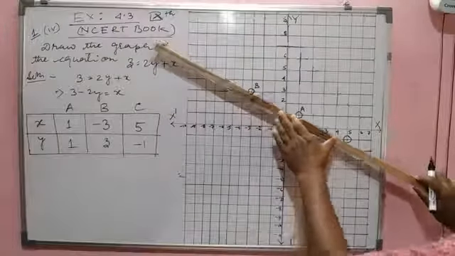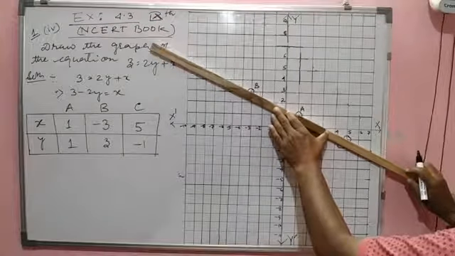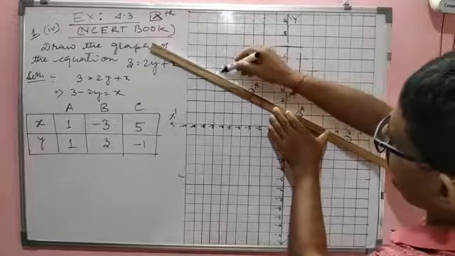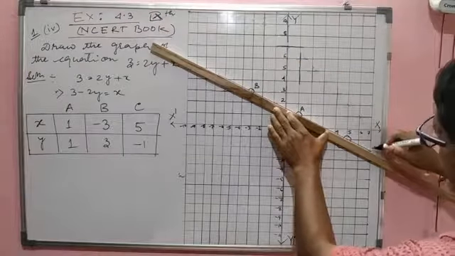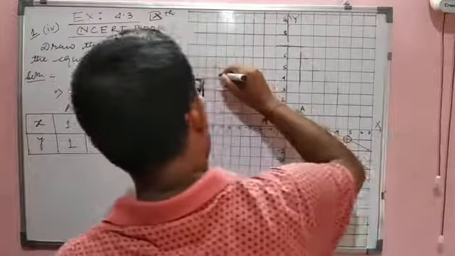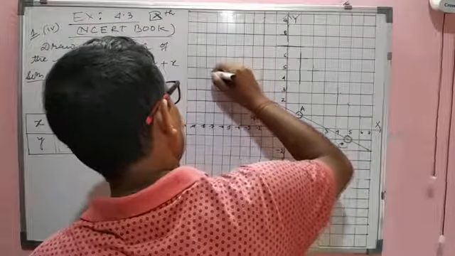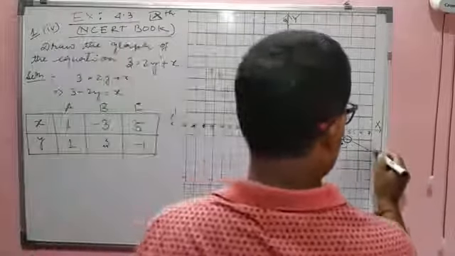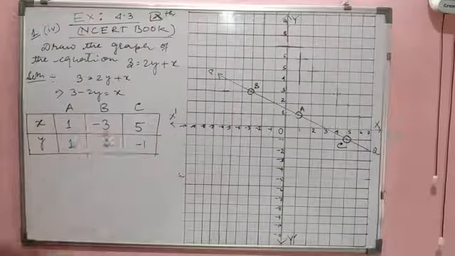You see, all these will definitely be collinear. All these points are collinear. So these are named P and Q. This is the straight line represented by this equation.